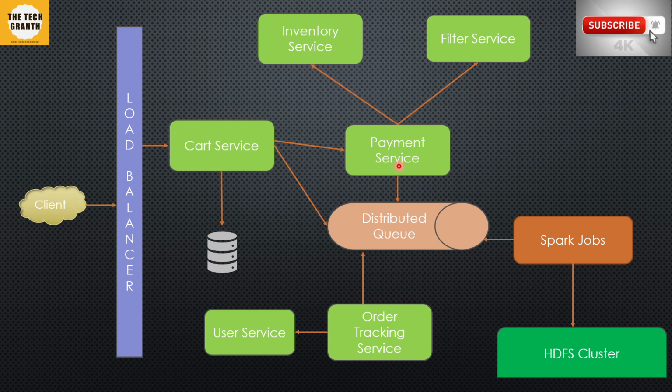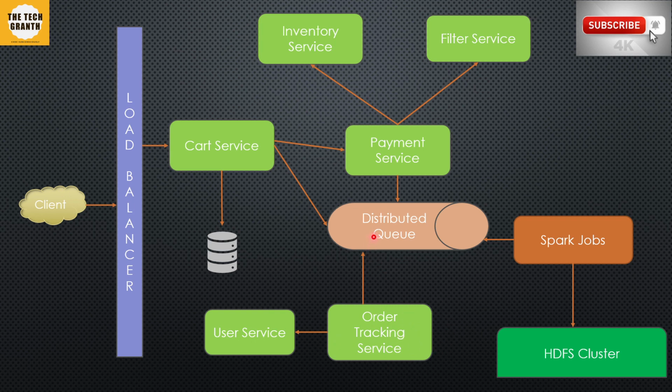And you can also put the failure event in a distributed queue, maybe to understand that for a particular kind of card you are getting frequent failures, or when you are doing a payment from a particular kind of gateway, the failure is more for those kinds of services. Otherwise, for the successful payment event, you can put that event in the queue, and the order tracking service will be listening for all such events where the payment is successful.